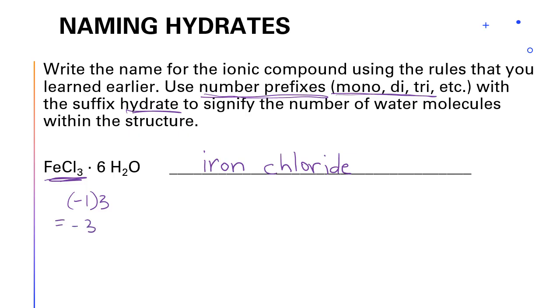So that means iron has to be +3 to balance it out. So that means my Roman numeral is the Roman numeral 3. That's iron 3 chloride here. The hydrate part of this is 6, so 6 is hexa. So we are just hexahydrate. So we have iron 3 chloride hexahydrate.